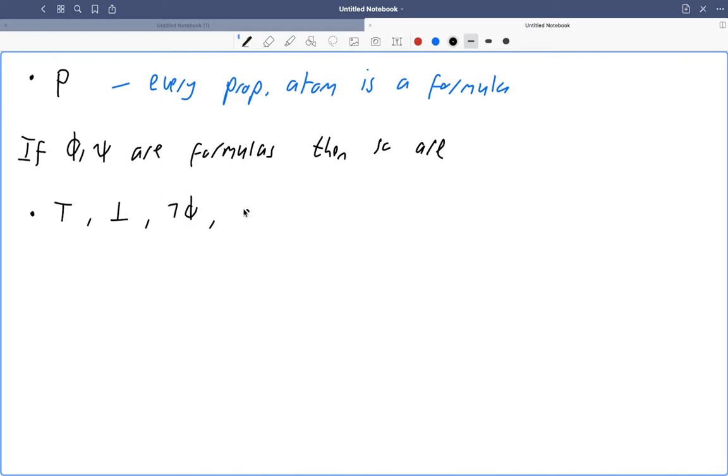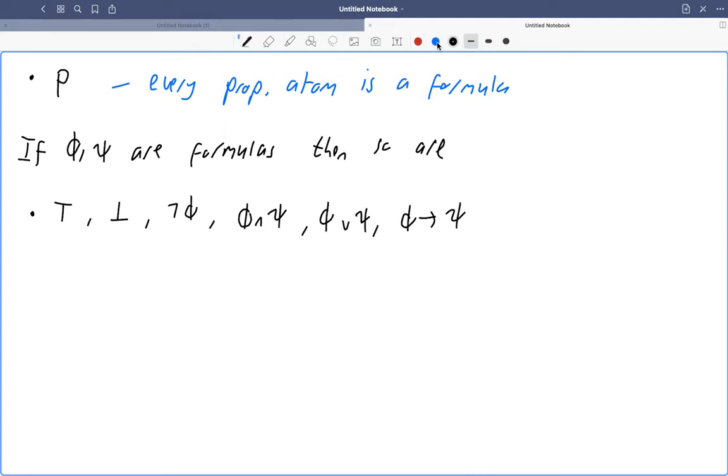We're building formulas from old ones using propositional connectives, so all the constructors of propositional logic: phi or psi, phi implies psi.